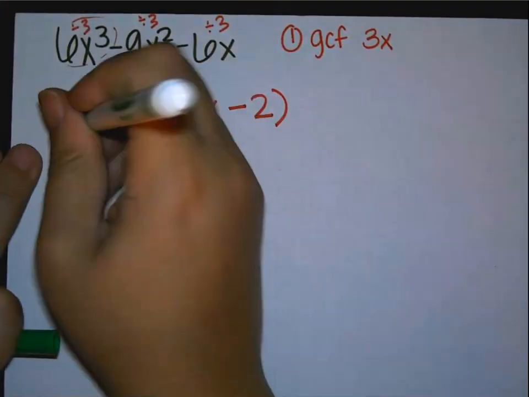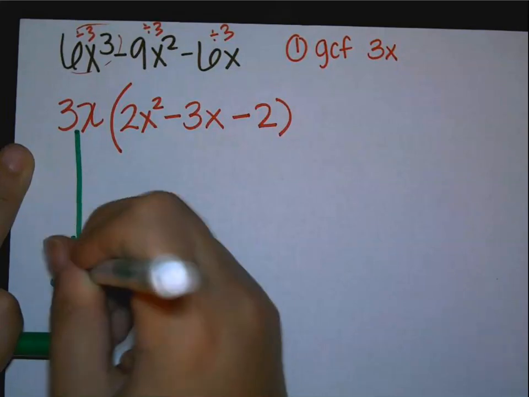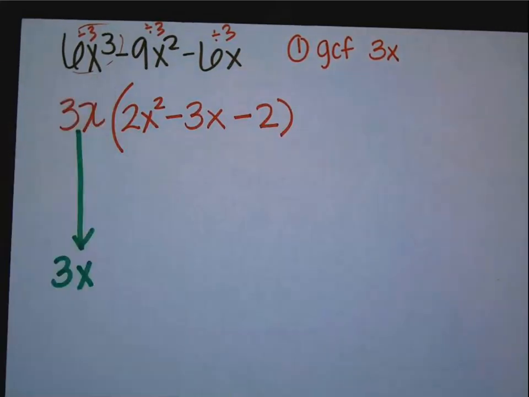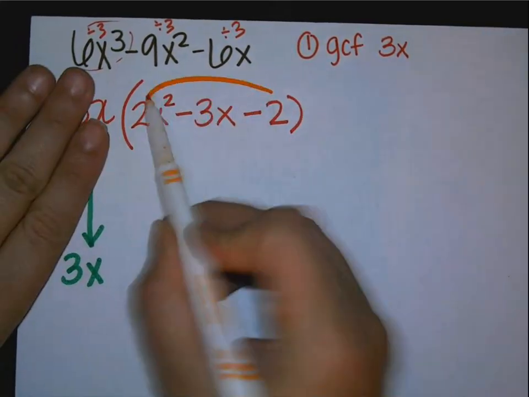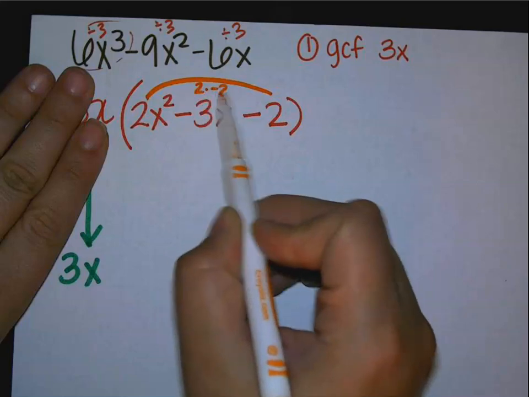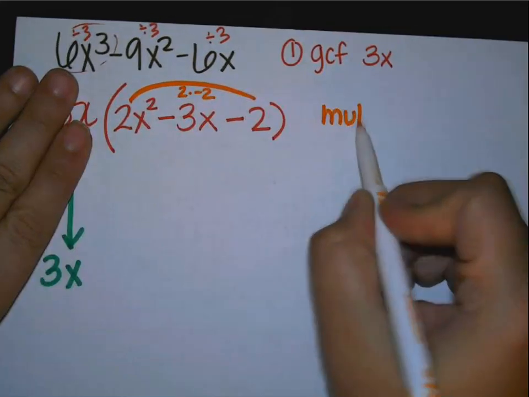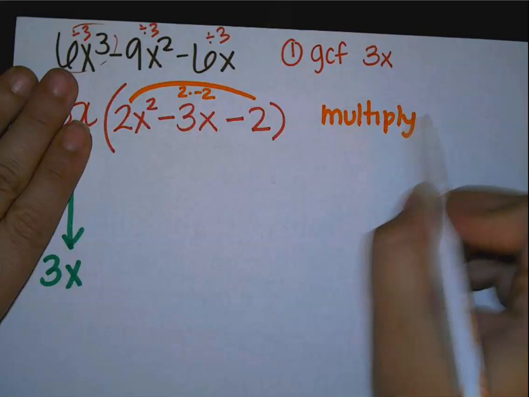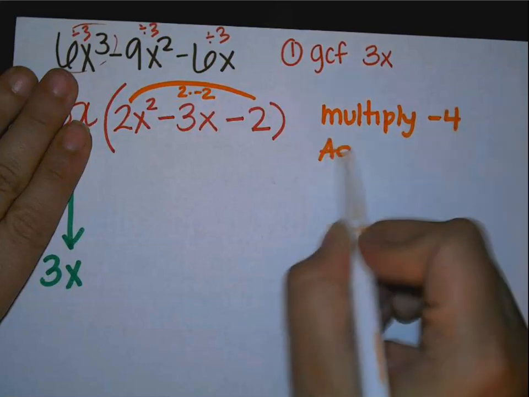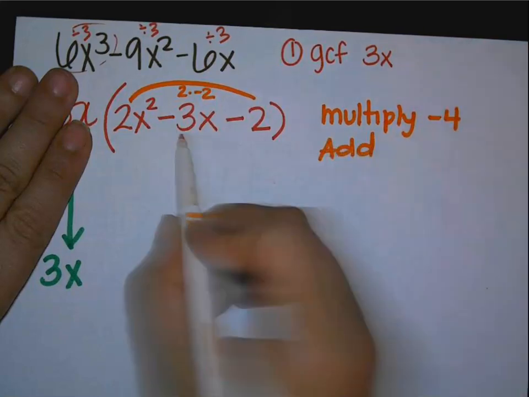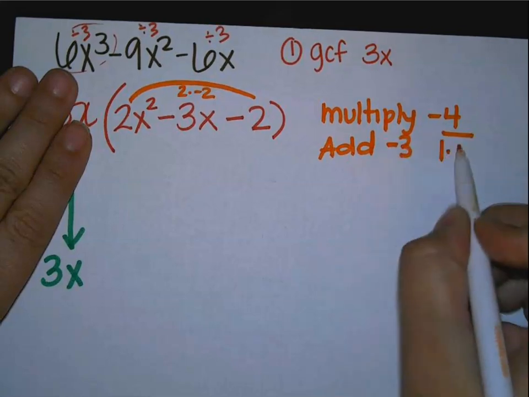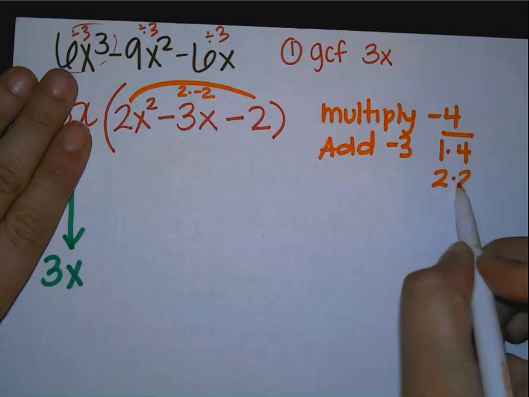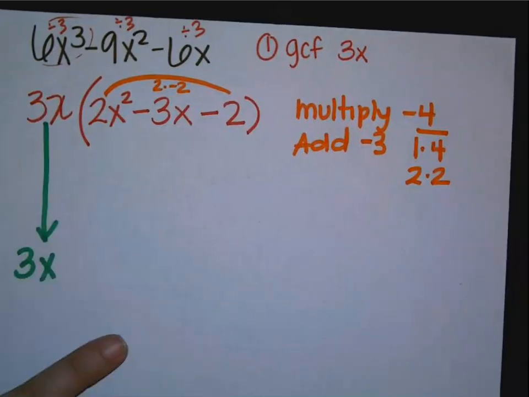Now this 3x just gets brought down, but ignore it so it doesn't confuse you. And now we're going to multiply a and c, so 2 times negative 2. So it has to multiply to negative 4, and the numbers have to add to negative 3. So go ahead and pause the video and figure out what numbers would work.